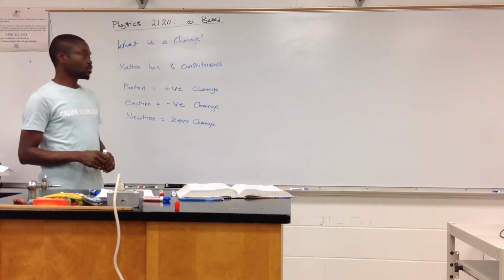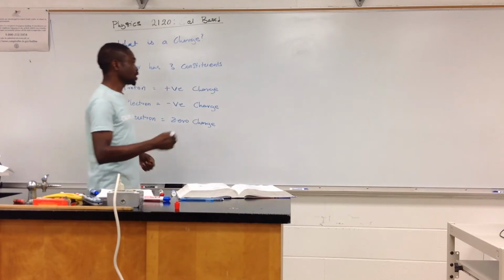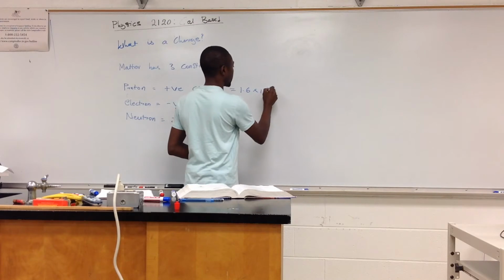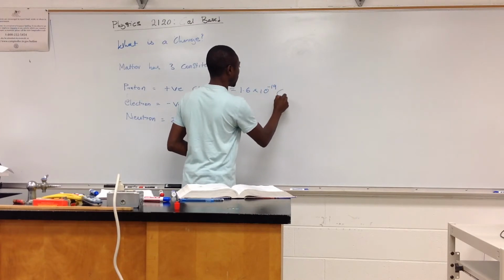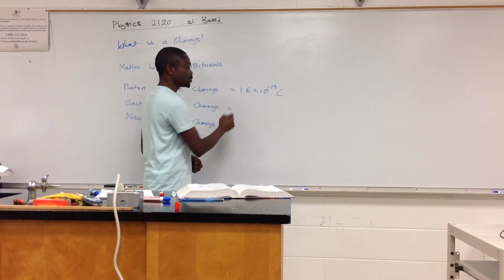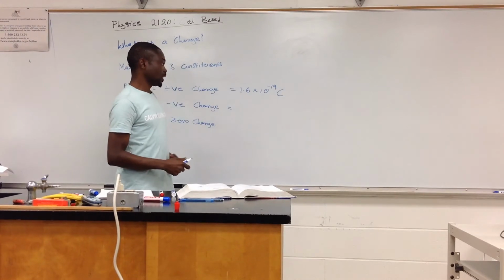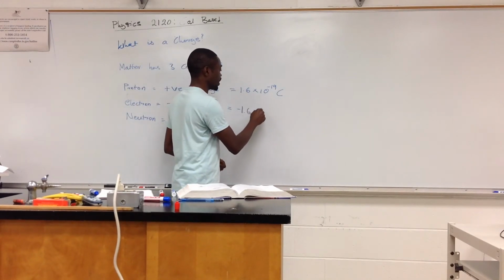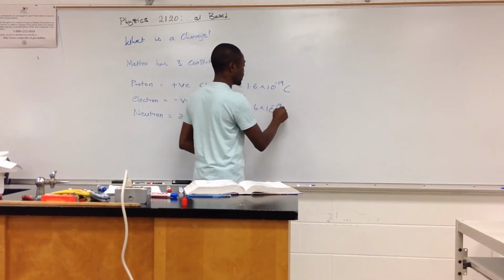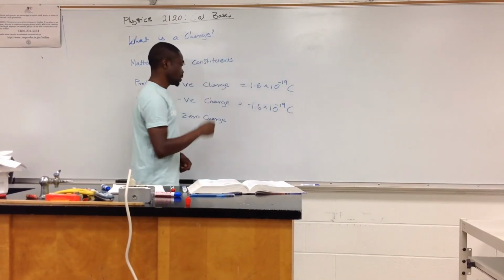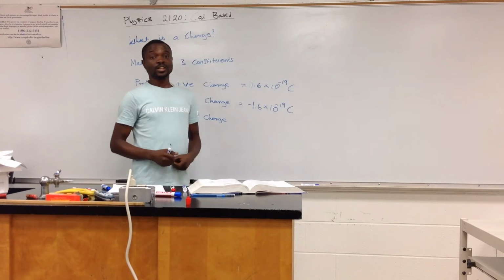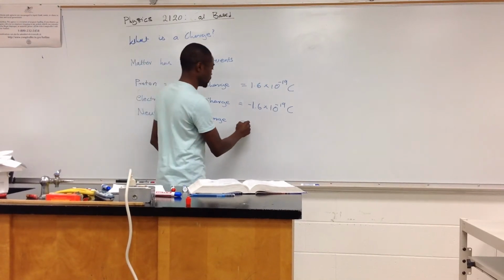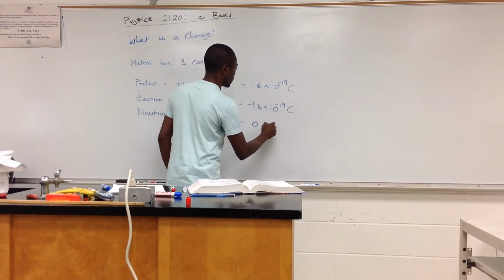The charge on a proton is 1.6 times 10 to the power negative 19 coulomb, and the charge on an electron is negative 1.6 times 10 to the power negative 19 coulomb. However, the charge on a neutron is 0 coulombs.